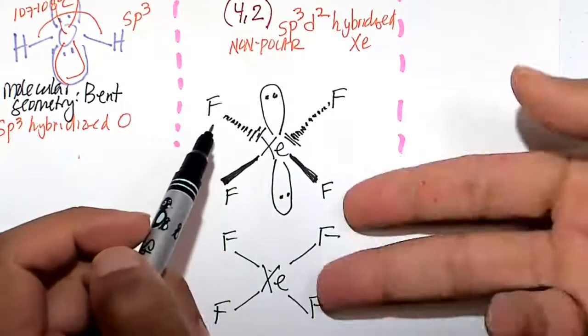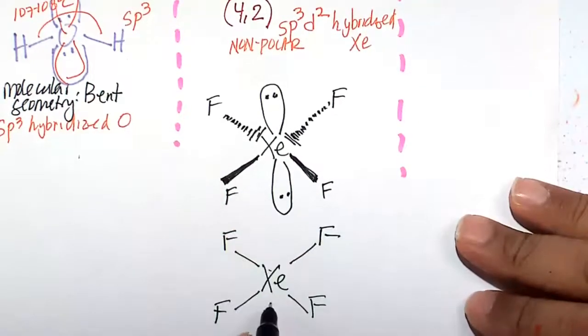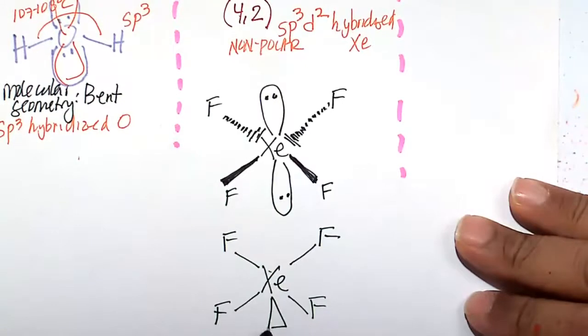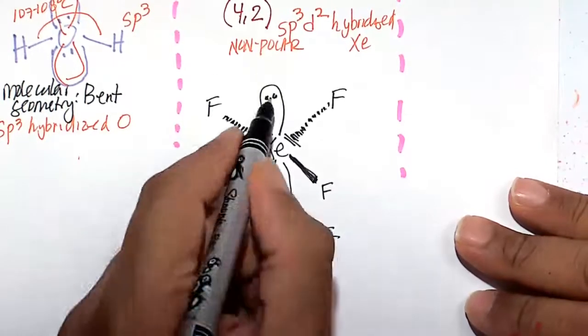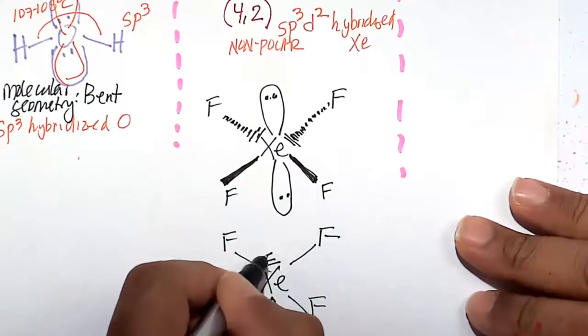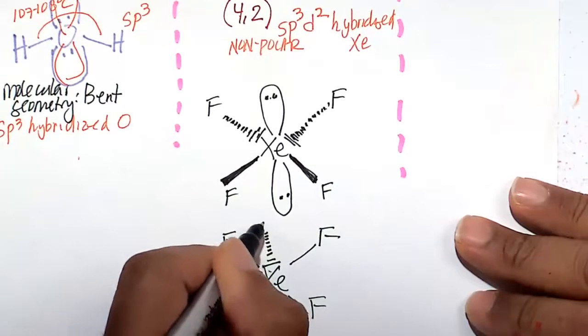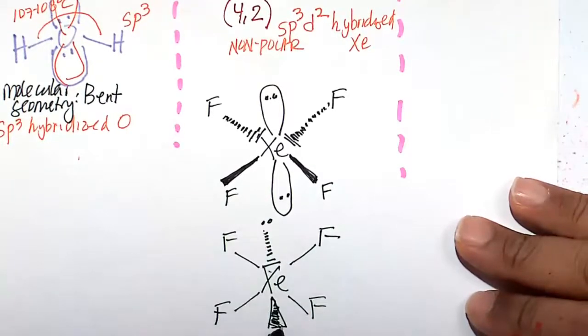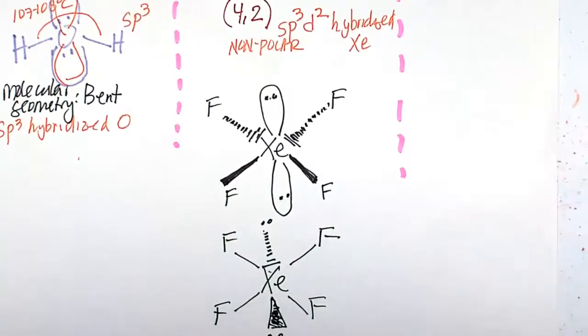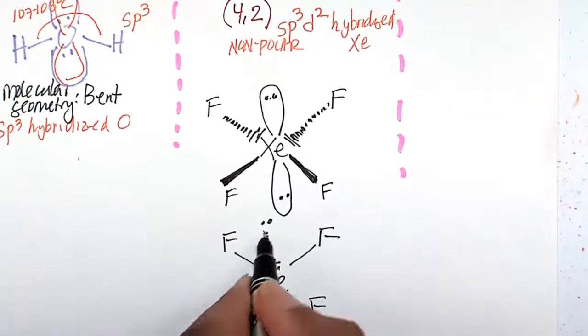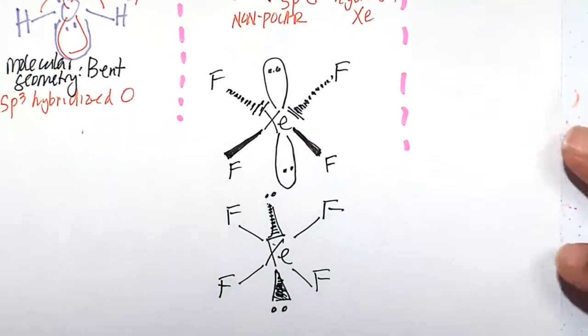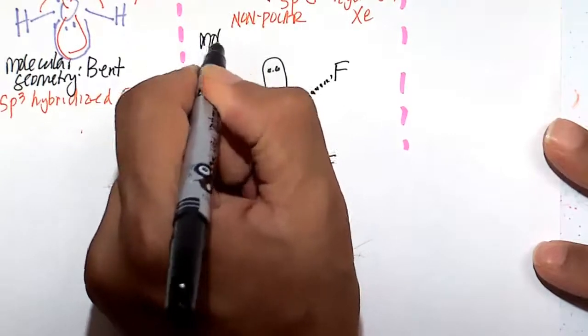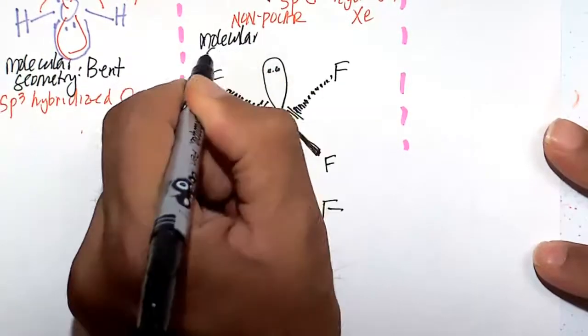This one in the back is also on the plane, and this pair of electrons is now coming towards you guys, towards the paper coming up, and this pair of electrons is going behind. So basically there's many ways to draw using these dash and wedge types of bonds. Okay, and whatever it is, the molecular geometry is square planar, and it's a nonpolar molecule.